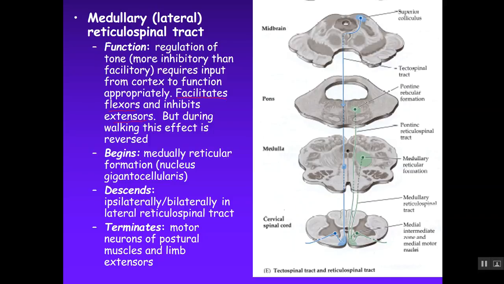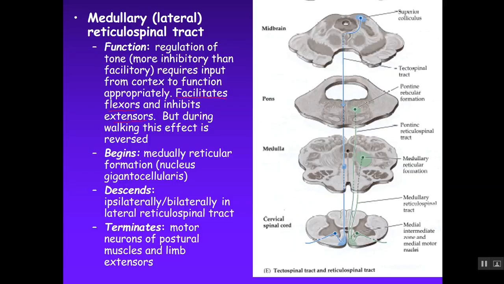It descends ipsilaterally, and some say bilaterally, in the lateral reticulospinal tract. So think of this more as bilateral connections, okay? It terminates in motor neurons of postural muscles and limb extensors, primarily.